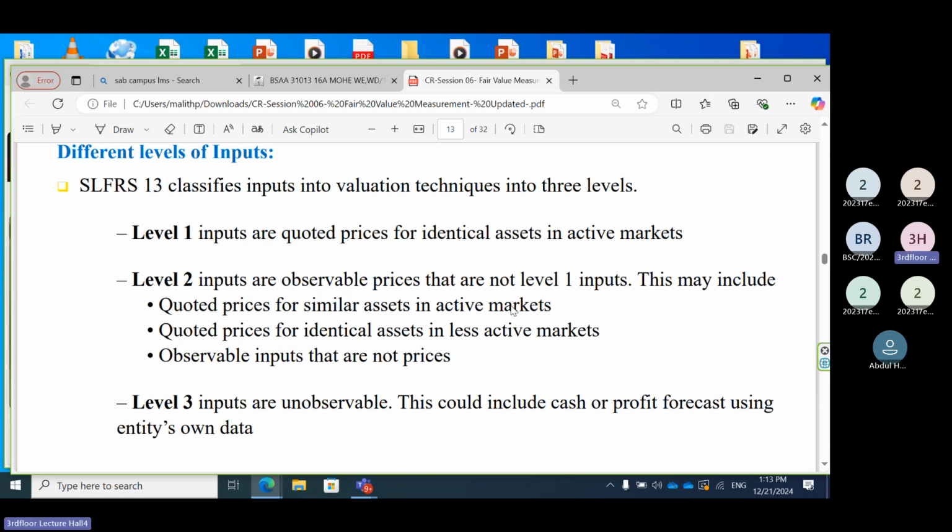Active market or less active market. Quoted price for identical asset in less active market. That's okay. In the market, we can get that price. This is really important.